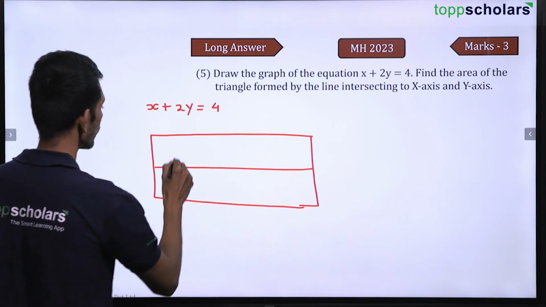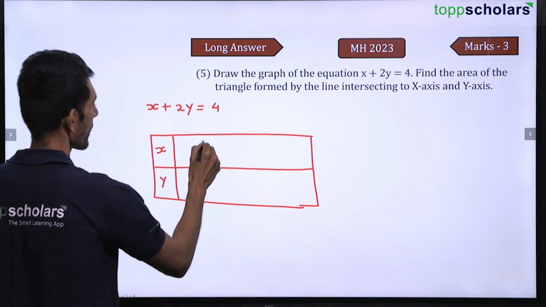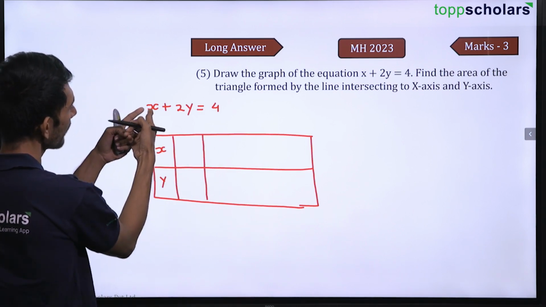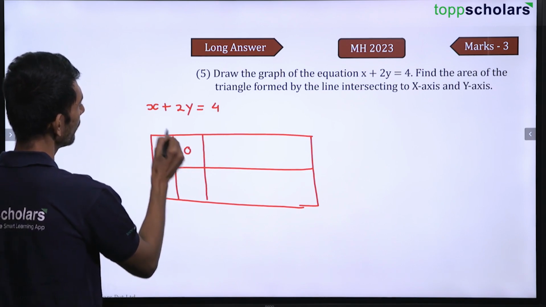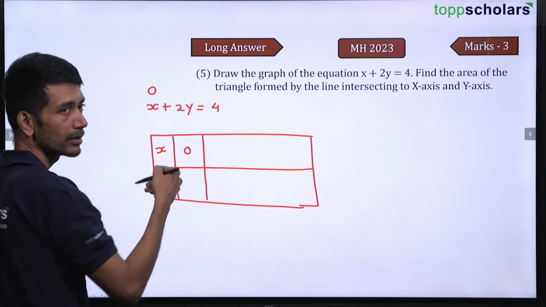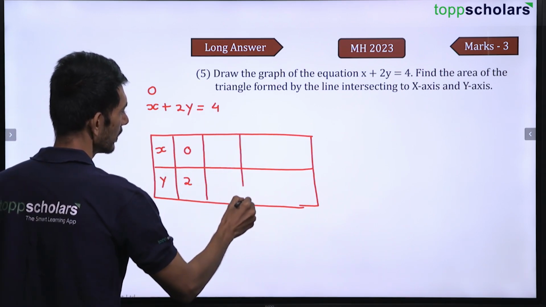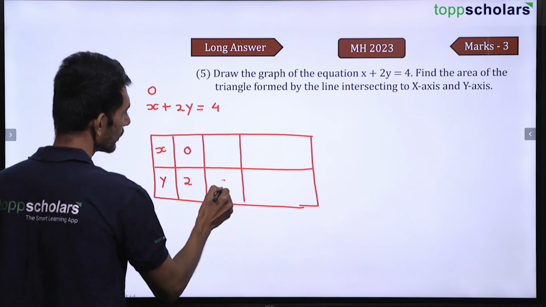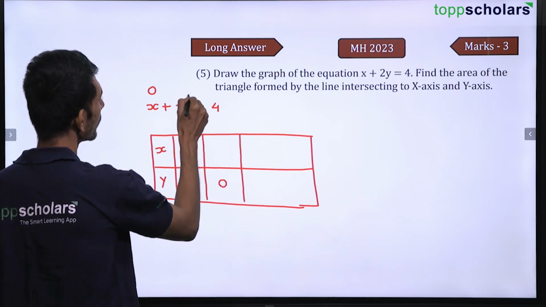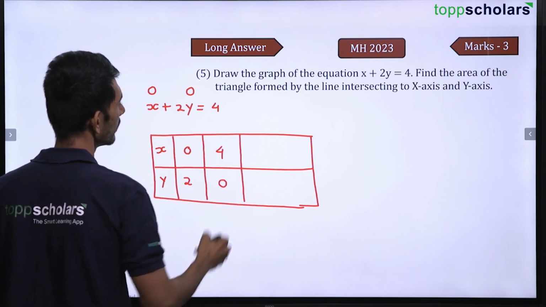So what we can do is, we can write down x here, we can write down y here. Firstly we can put the value of x as 0. If I put the value of x as 0, I get 2y is equal to 4. So y is 4 by 2, that is 2. Then if y is 0, x is directly equal to 4.